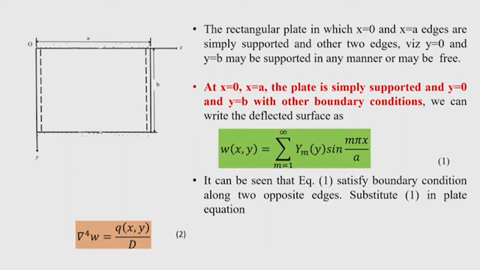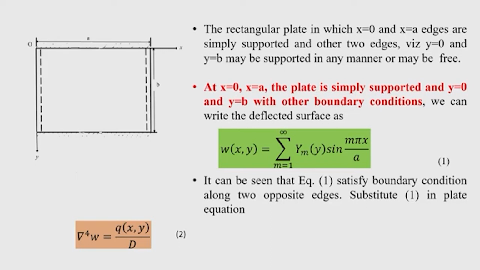You know this operator, and this is operating on w, and on the right hand side q(x, y) is the distributed load, that means q is a continuous function of x and y, but sometimes discontinuity arises because a concentrated load may also act, and there are also strip loading or line loading.